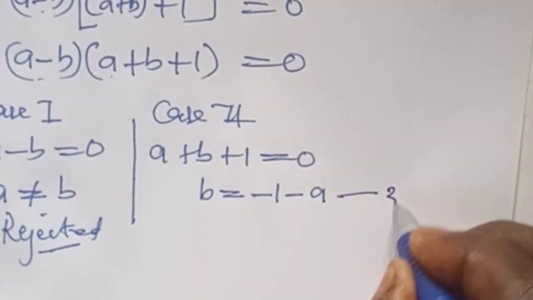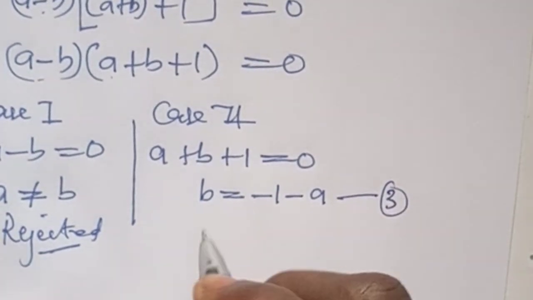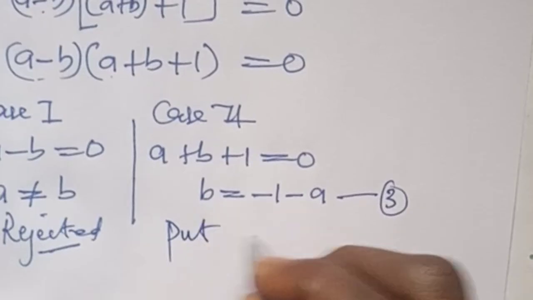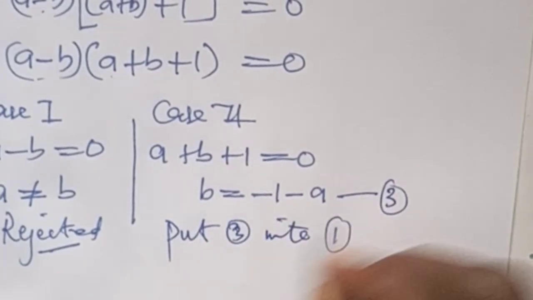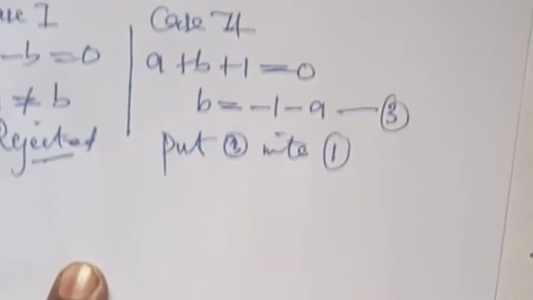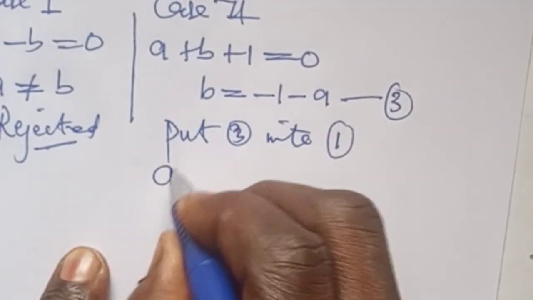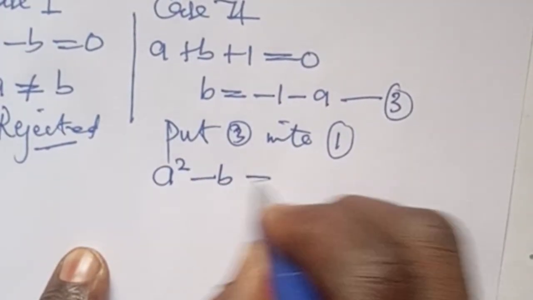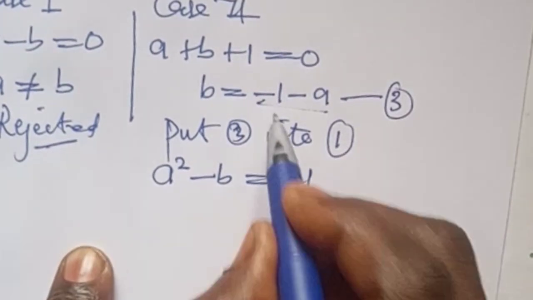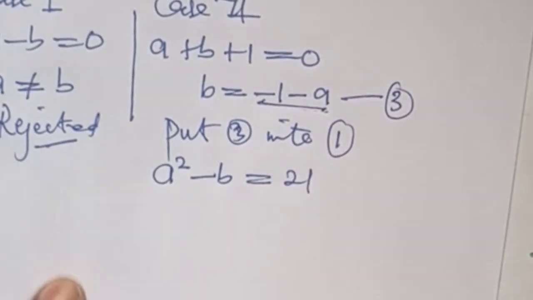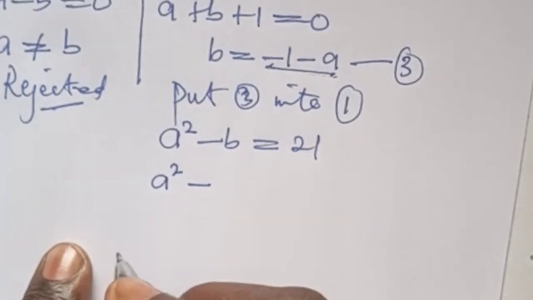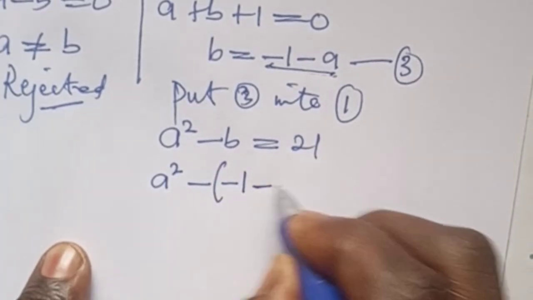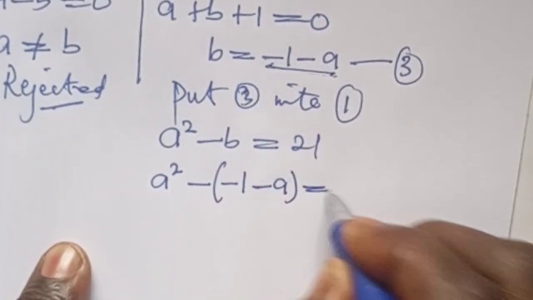So let's call this equation 3. So here we're going to put equation 3 into equation 1. Equation 1 is given as a to the power of 2 minus b equals 21. So if we introduce this into the place of b, we now have a to the power of 2 minus, in bracket, minus 1 minus a, equals 21.